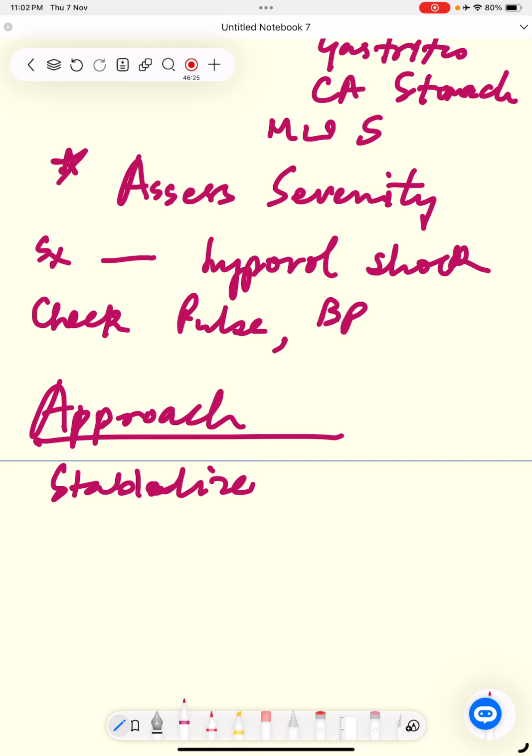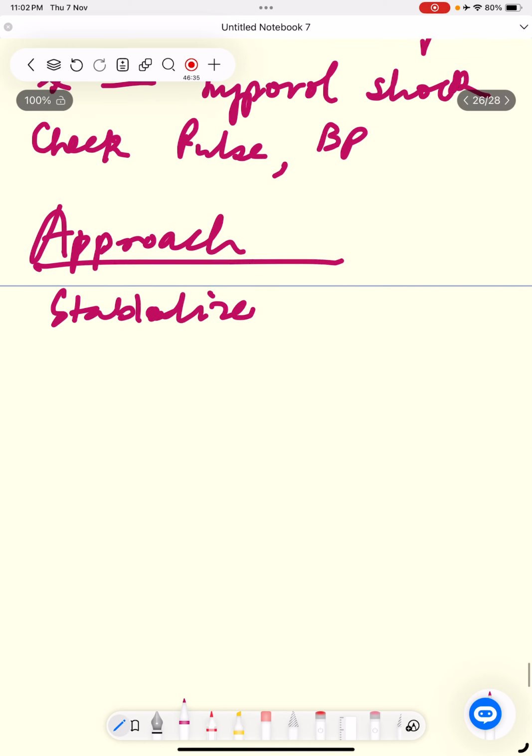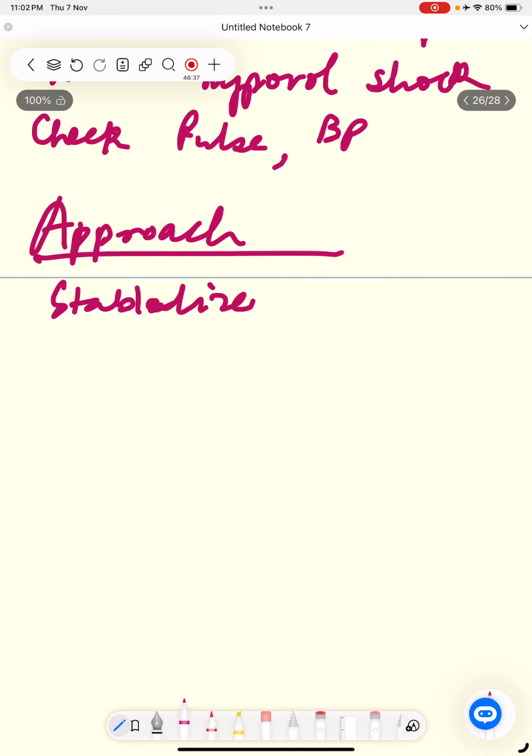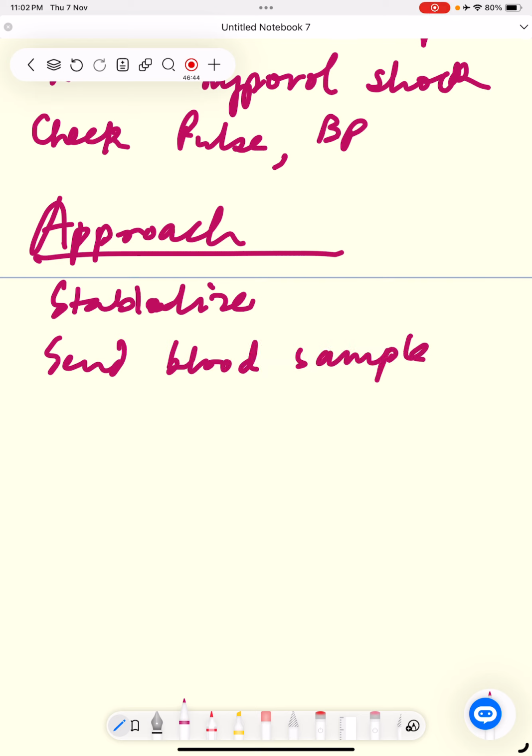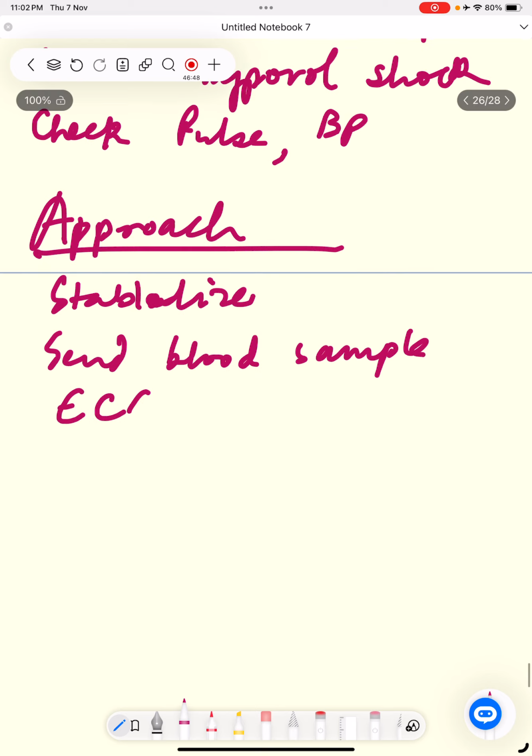Otherwise, there will be hypoperfusion of vital organs and it can really cause MI, and the patient can have acute renal failure because of oliguria. Okay, then we must send a blood sample for CBC, prothrombin time, cross match. You should advise for a quick ECG.